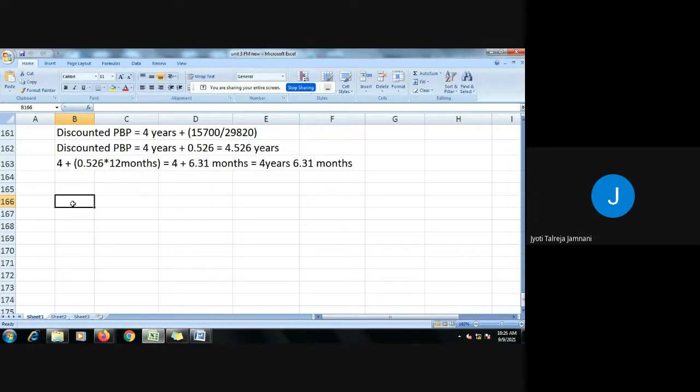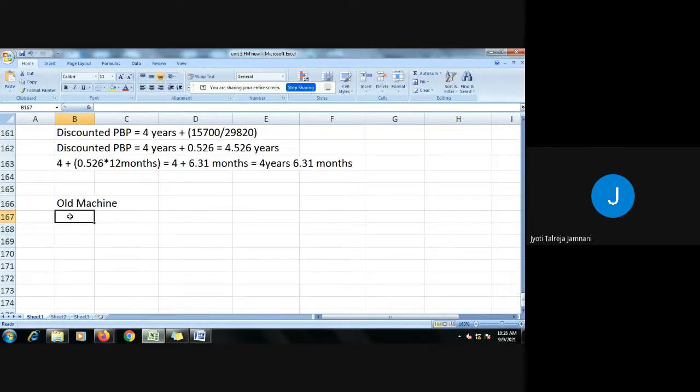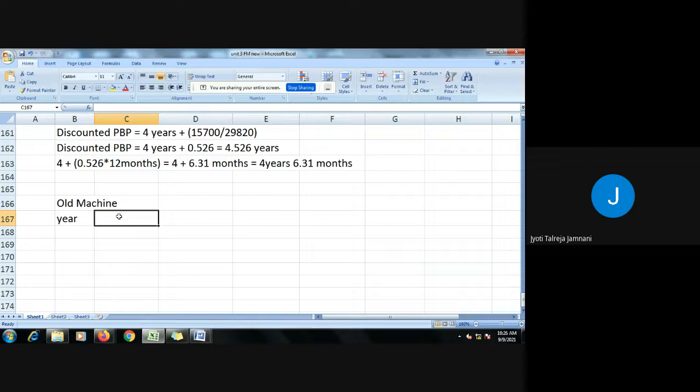So first I'll write here old machine. Here I'll write year, old machine value, depreciation. See, the rate of depreciation is 20%.